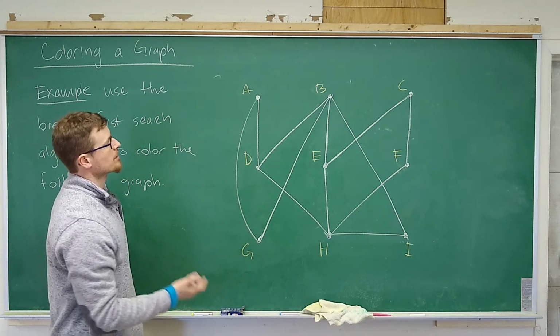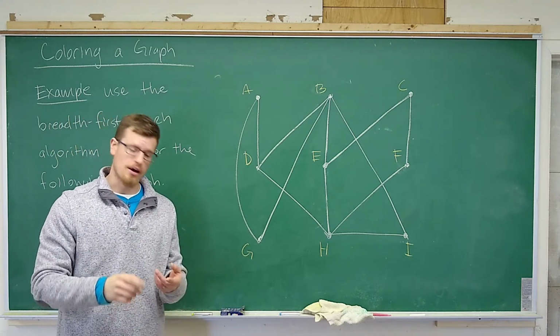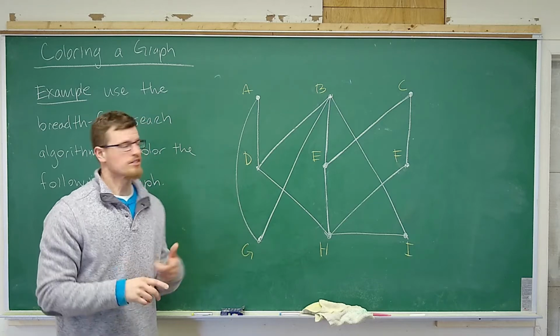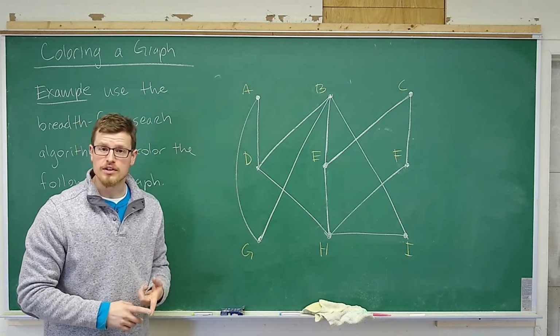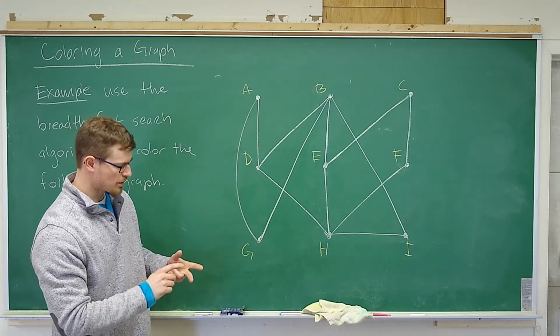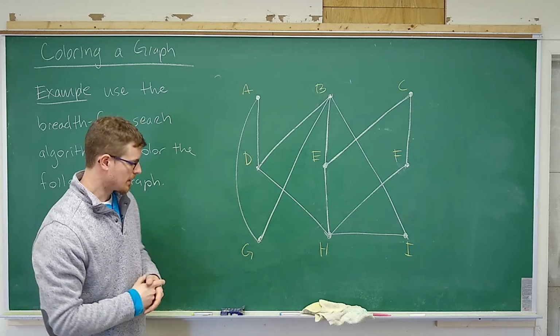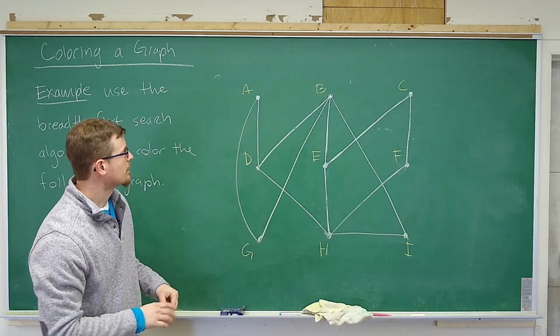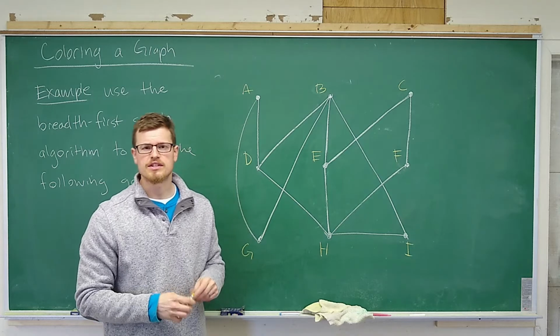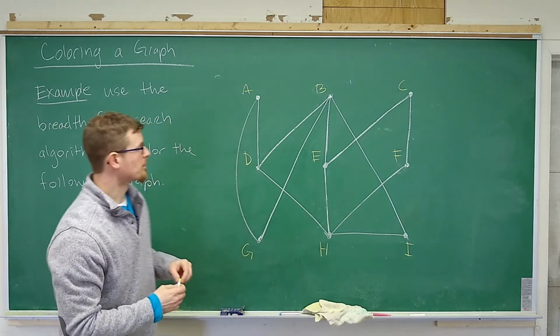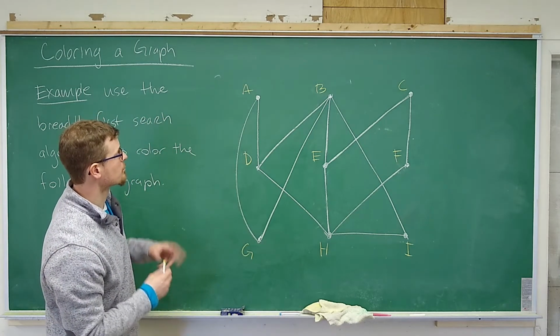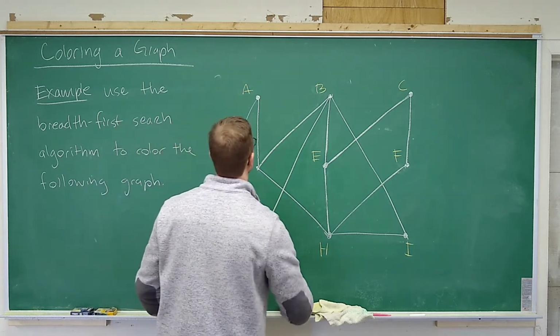And next we want to label each vertex with how far it is from some vertex. Let's choose A. So how far each vertex is from A, and which vertex would come before it in the shortest path. The predecessor piece of this doesn't really matter. We would be able to complete this without that.